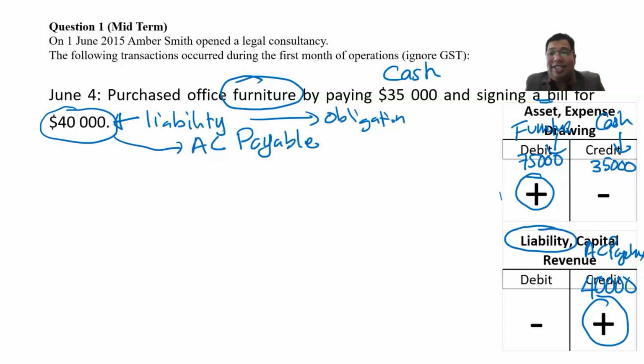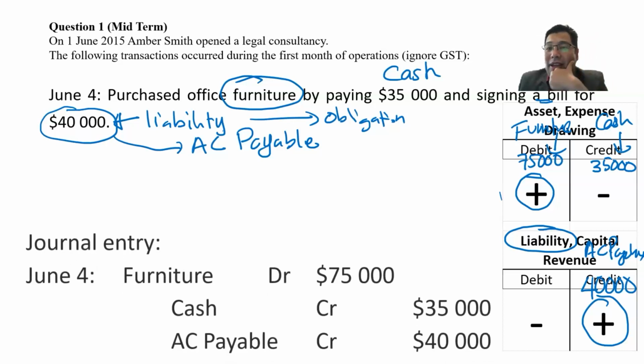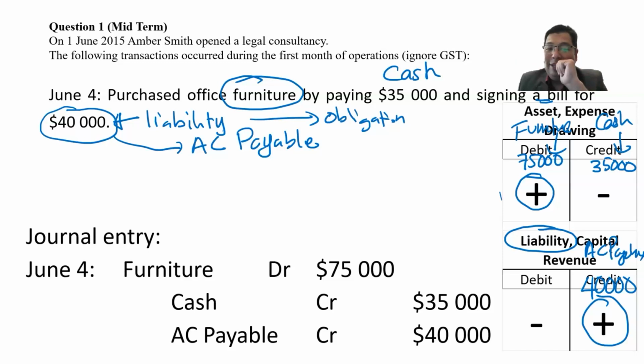So for this transaction, we have three accounts to adjust. The first one, furniture increased by 75,000, cash reduced by 35,000, and liability increased by 40,000. So what are the journal entries? Furniture, we are going to debit, certainly, 75,000.